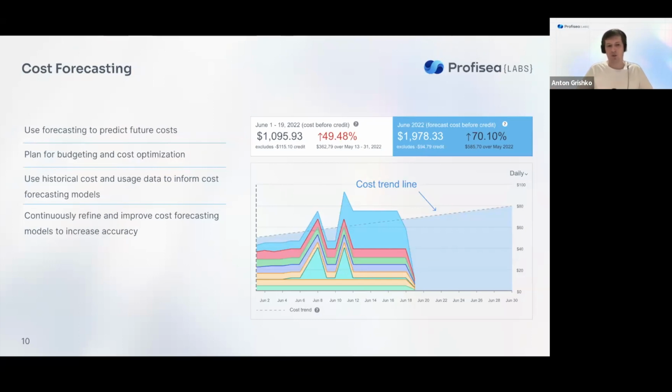Also, I mentioned to you that it's really important to compare periods with previous periods, like comparing this month or this week to a previous one, or this week to a week a month ago. That's how you can find out strange spikes of cost spendings.